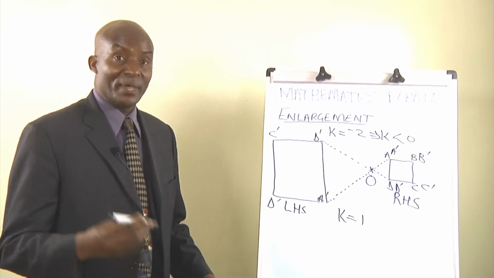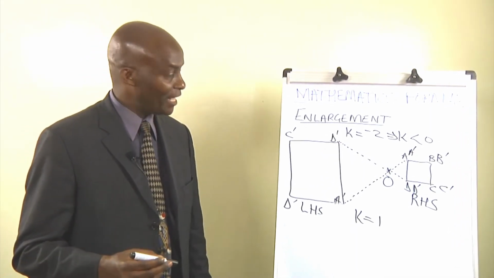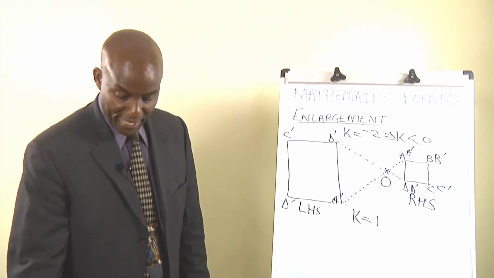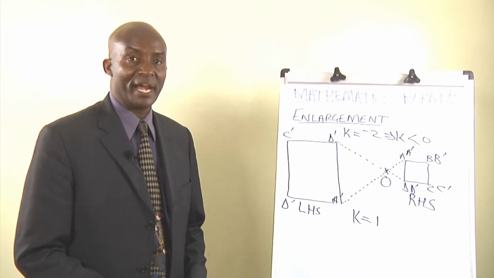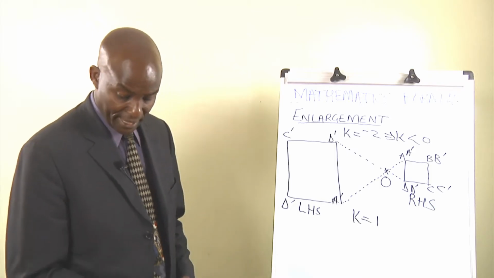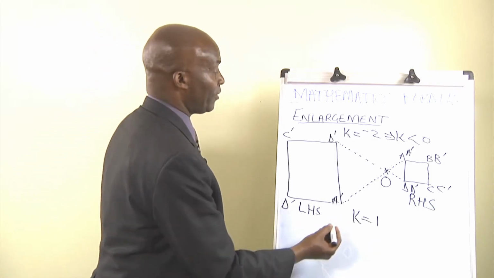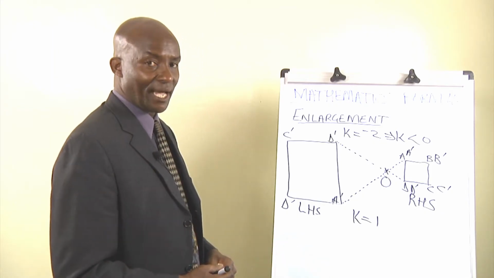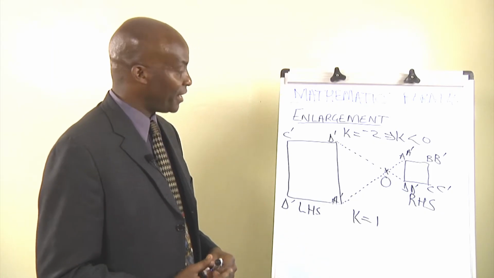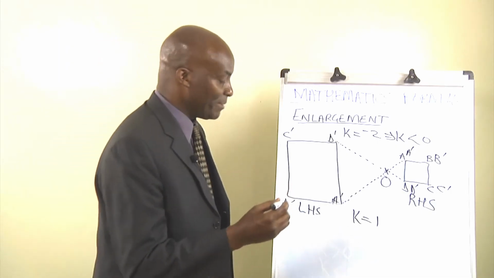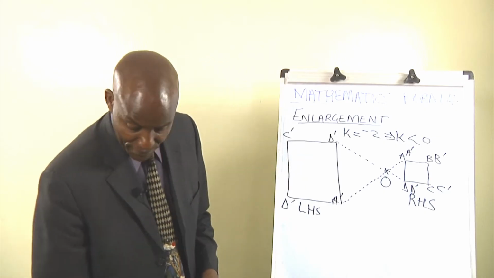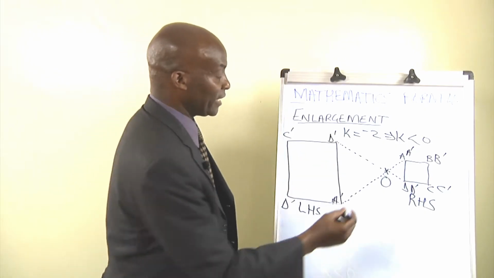Now, we are remaining with only one property concerning enlargement. And what is it? If the linear scale factor of enlargement is... when I talk about linear scale factor, I hope you will understand, what I mean is this: linear scale factor is the same thing as the scale factor.